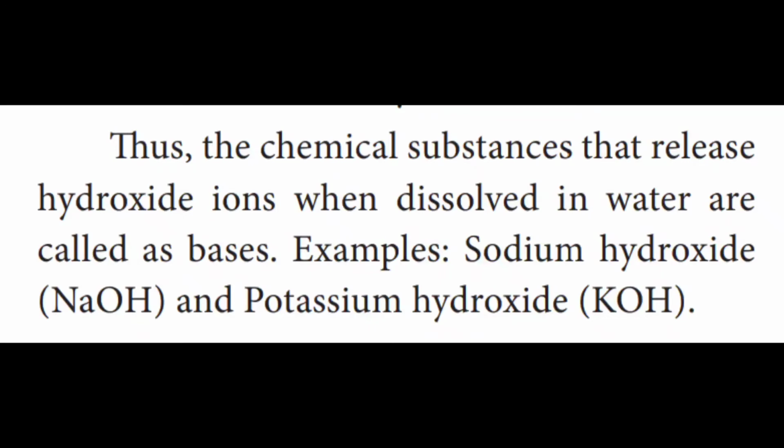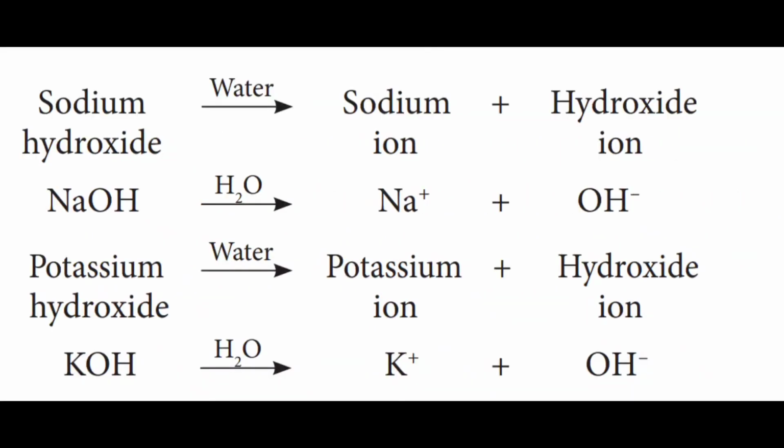Sodium hydroxide dissolved in water gives sodium ion Na plus and hydroxide ion OH minus. Similarly, potassium hydroxide dissolves in water to give potassium ion K plus and hydroxide ion OH minus.